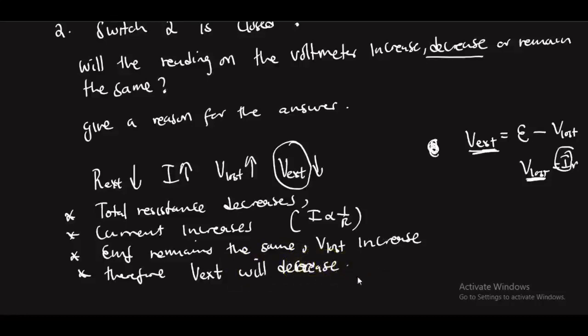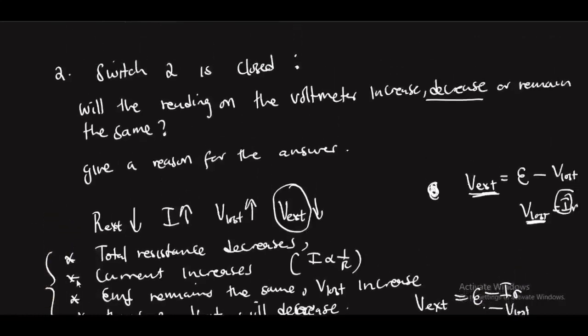If they say with the help of an equation, this is the equation we write: V external is equal to EMF minus IR, or minus V lost. This is how you answer such a question.